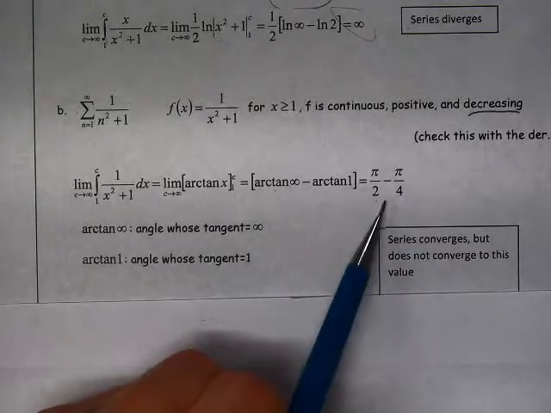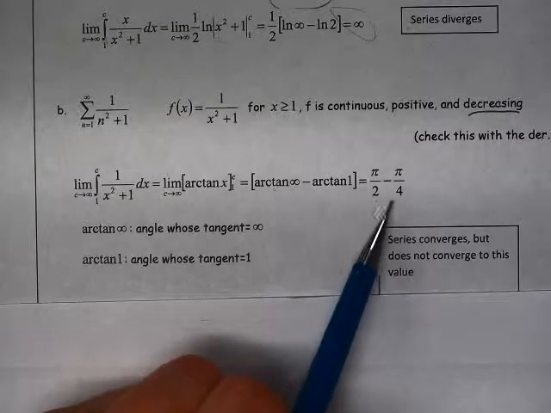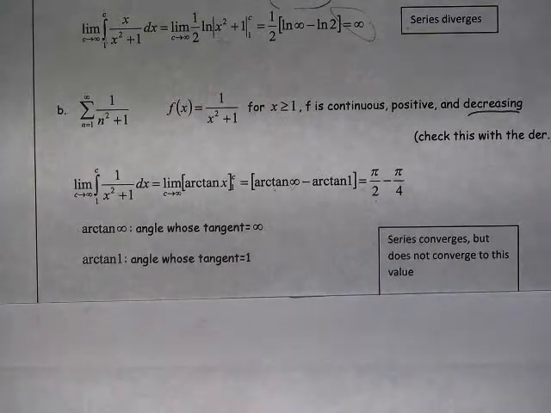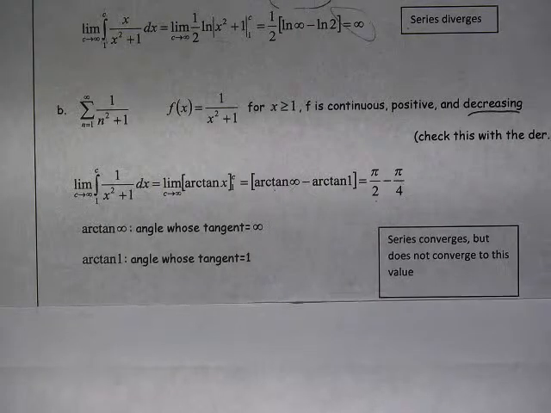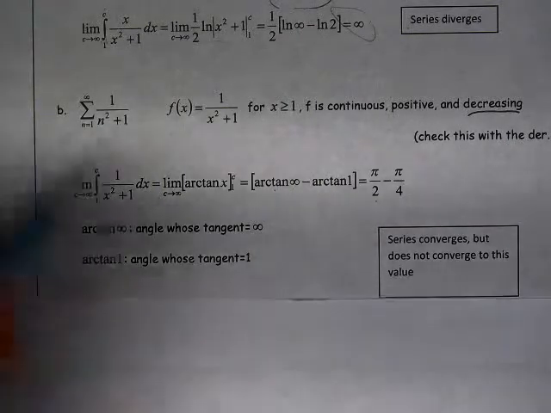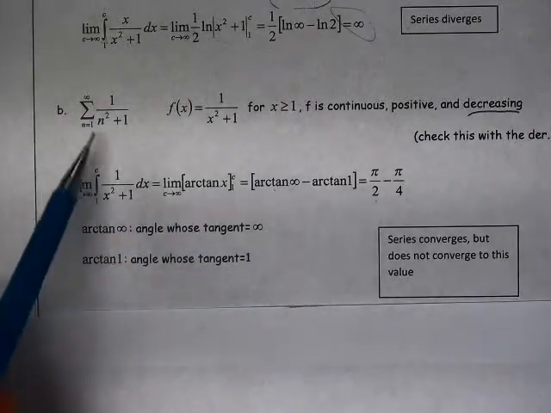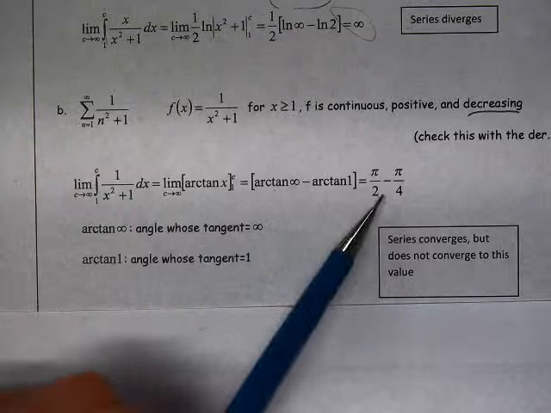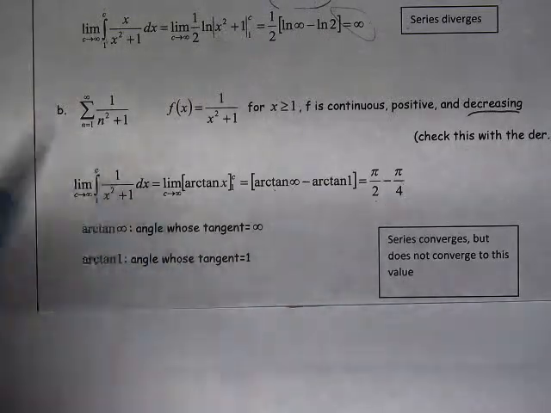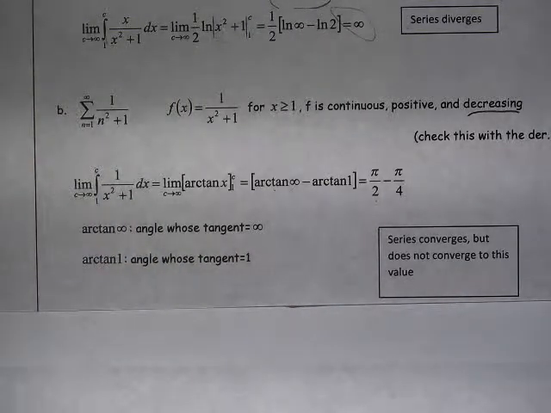So this improper integral converges to pi over 2 minus pi over 4, so we get pi over 4. All right. That means that this series converges, but again, don't make the mistake of thinking that the series will necessarily converge to pi over 4, because it won't. We just know that they either both converge or both diverge. The values are not necessarily the same.